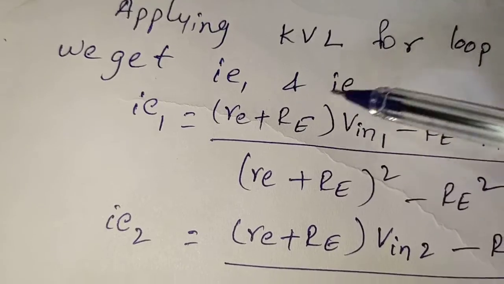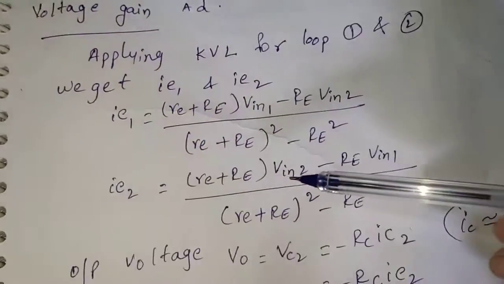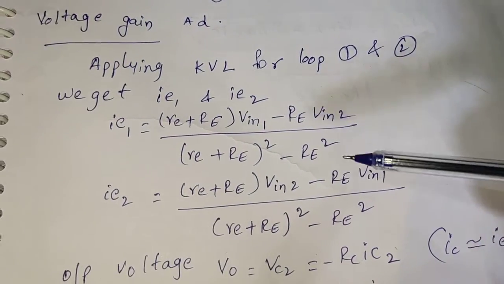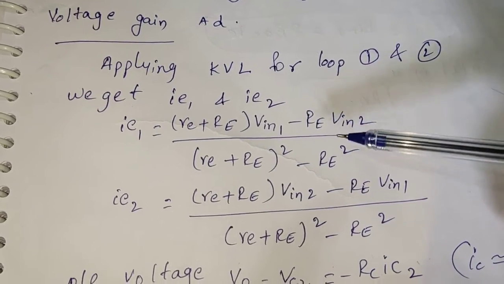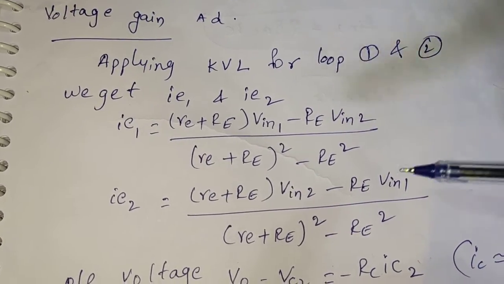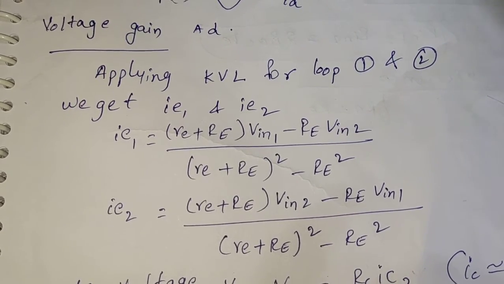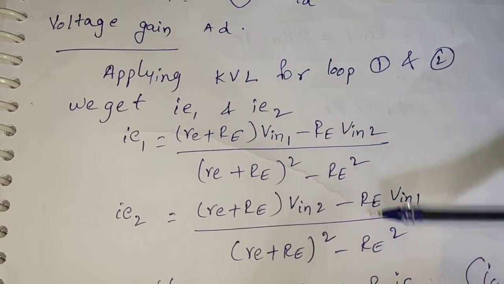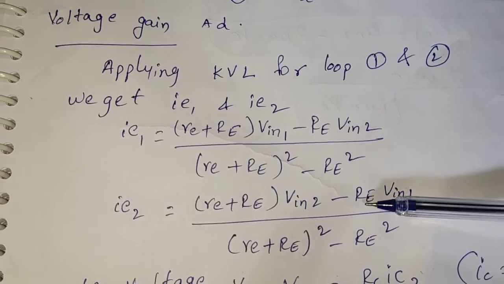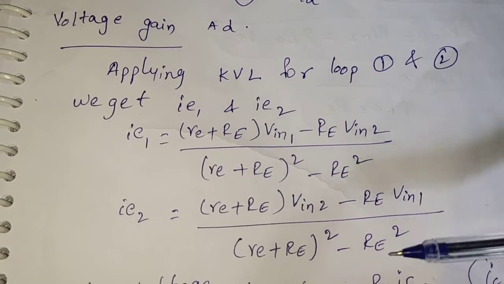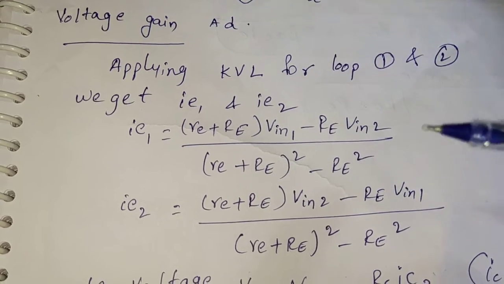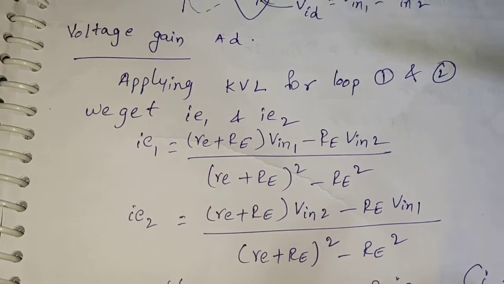We know the equations for IE1 and IE2. The same values we already derived in the dual input balanced output differential amplifier. Same equation here also. In exams you have to derive IE1 and IE2 for both dual input balanced and dual input unbalanced.